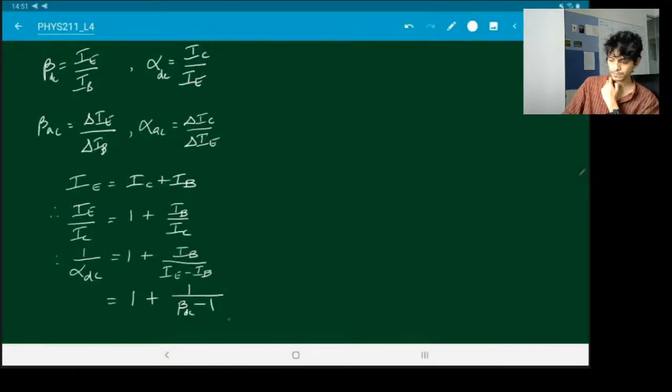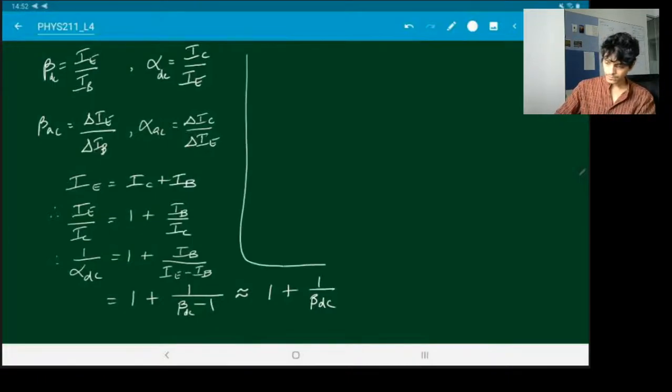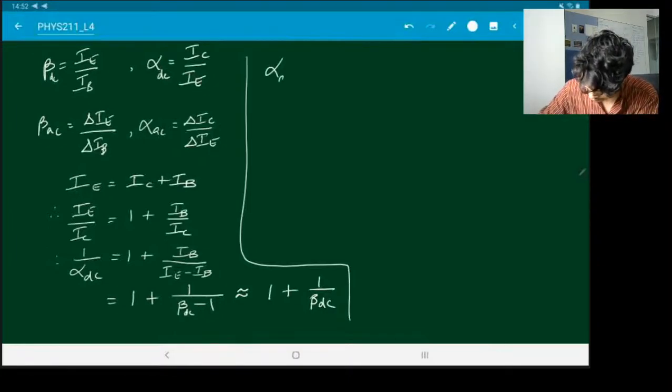But because beta DC is quite large, I can approximate this. So this gives a relation between alpha and beta. Or I can invert this.